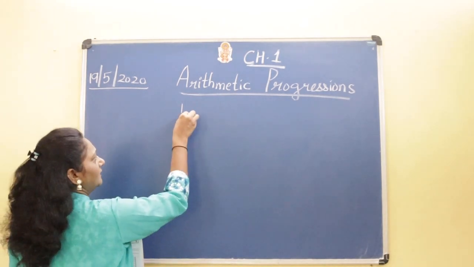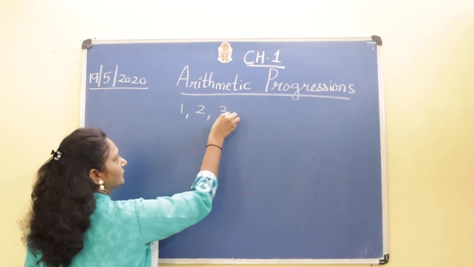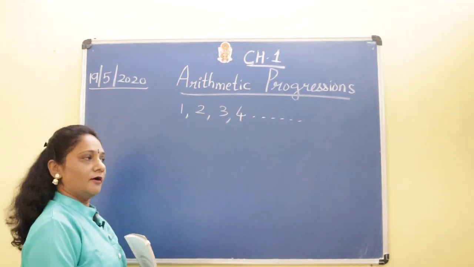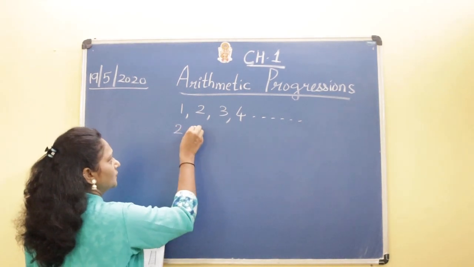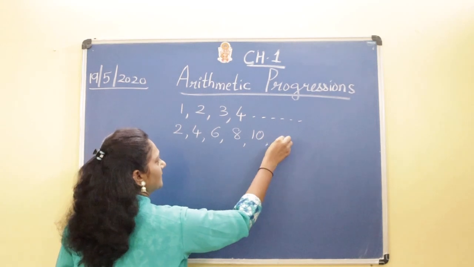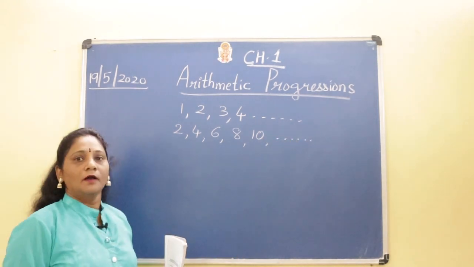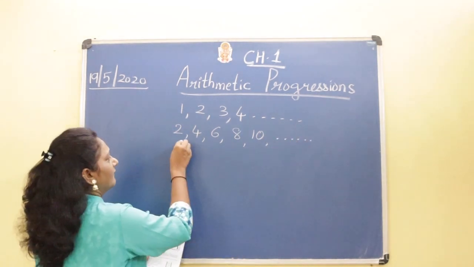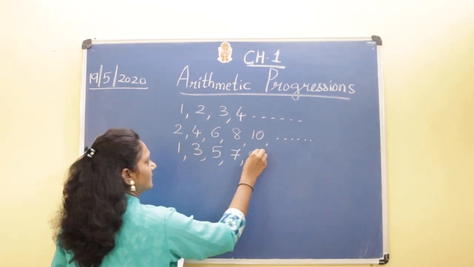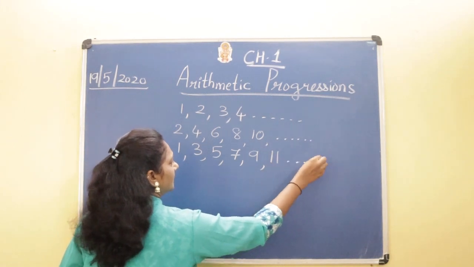Like for example, 1, 2, 3, 4 and so on. Or it may be 2, 4, 6, 8, 10 and so on. Or it may be 1, 3, 5, 7, 9, 11 and so on.